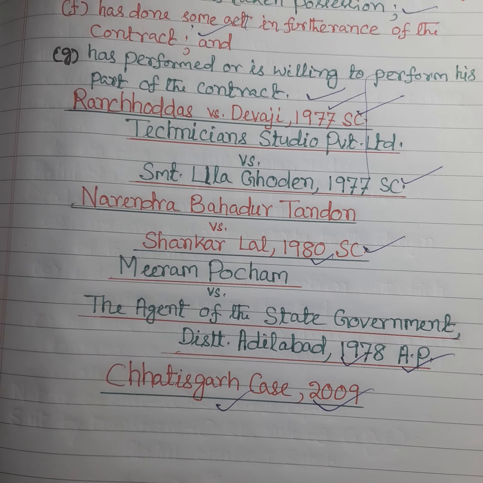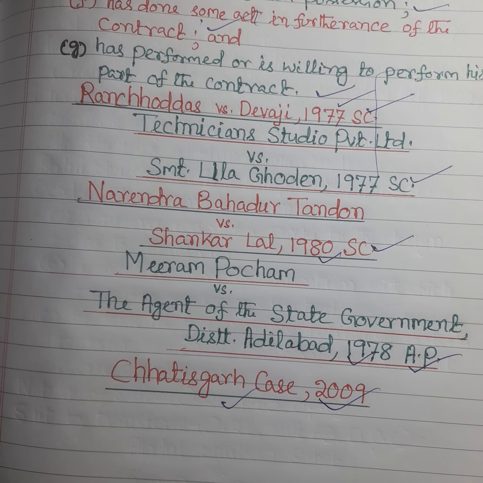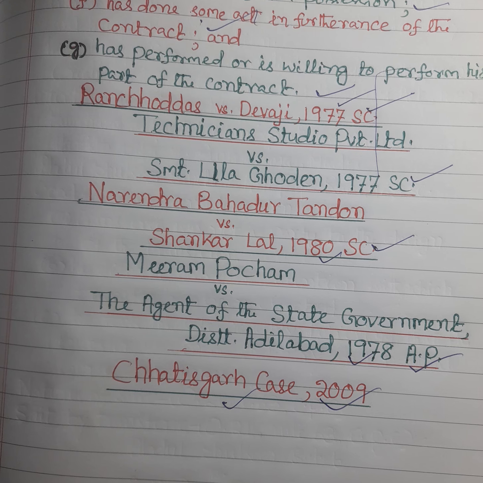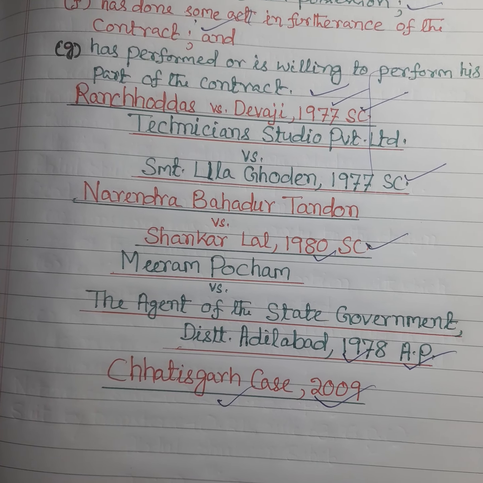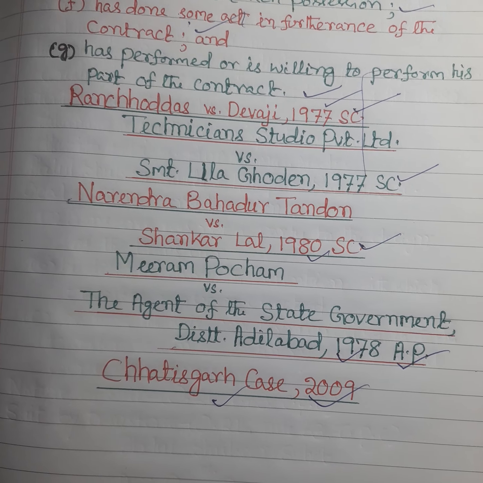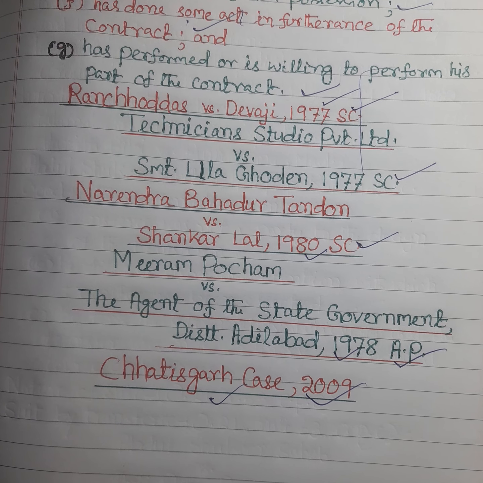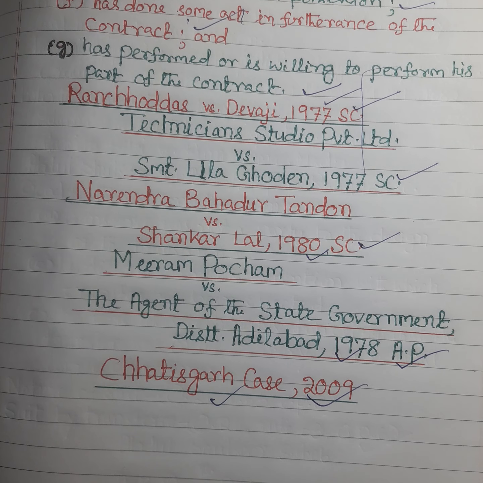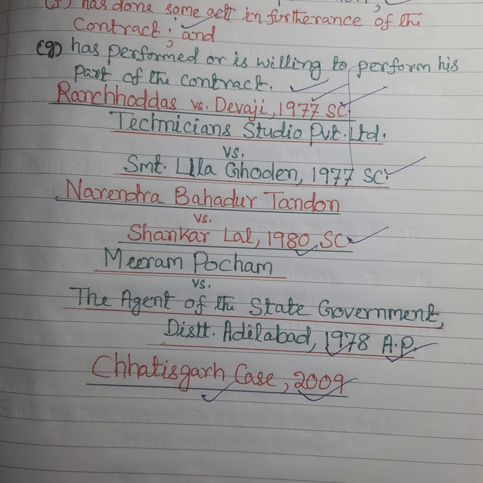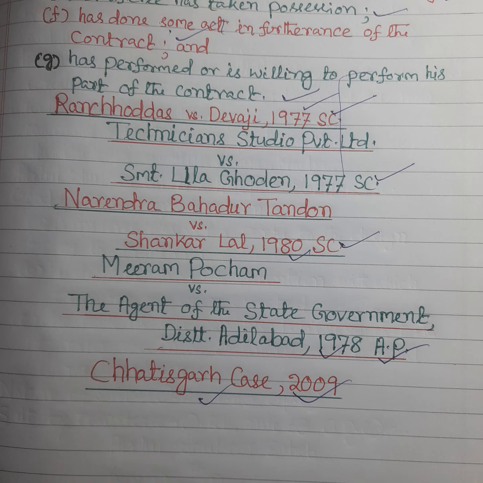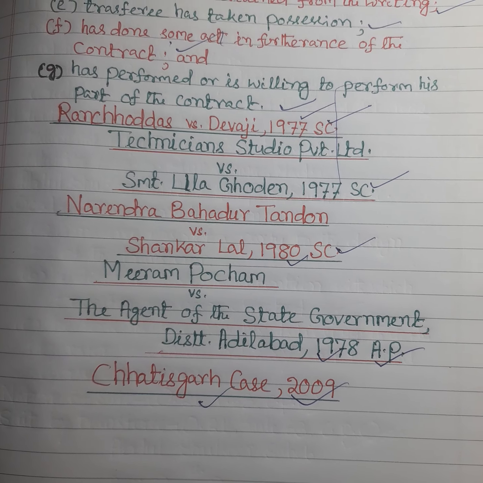The tenant admitted tenancy and was willing to pay arrears of rent, if any. The tenant also did not file any suit for specific performance. So the court held it was not open to the tenant to defend his position under section 53A of the Transfer of Property Act, which exactly provides the doctrine of part performance.